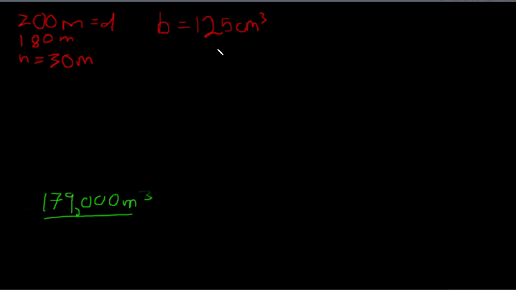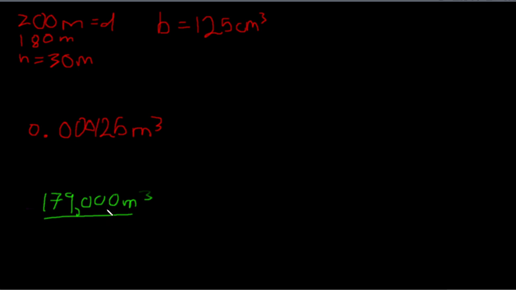So 125 cubic centimeters in cubic meters is 125 with the decimal point divided by 1,000,000, so you move it 6 spots to the left: 0.000125 meters cubed.